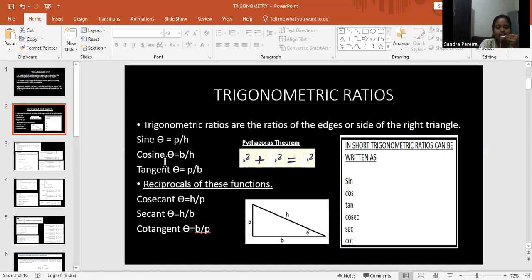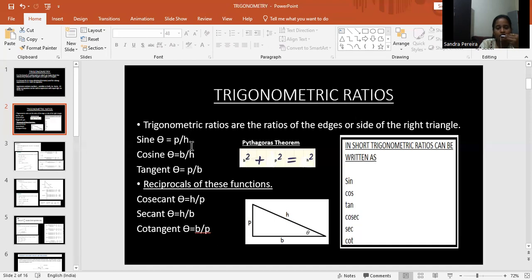That is cosecant of theta, secant of theta, sec theta, and cotangent of theta, cot theta. Here this is cosec theta. Cosec theta is the reciprocal of sin theta. That means cosec theta can be written as 1 by sin theta.